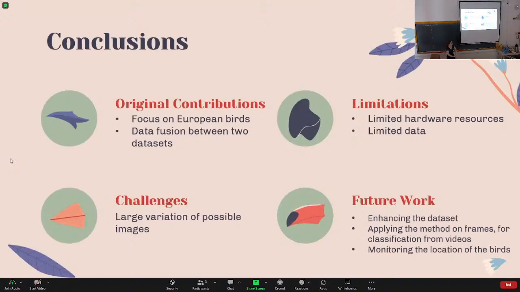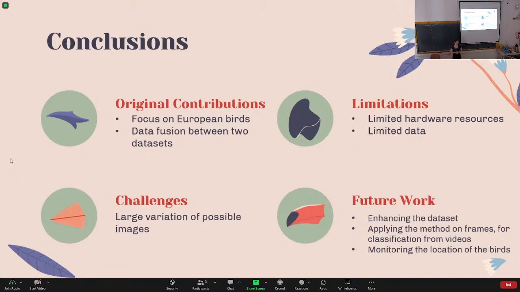As a conclusion, we focused our attention only on European birds, and the model using data fusion between the two datasets and the two models managed to obtain relevant results for the state of the art.